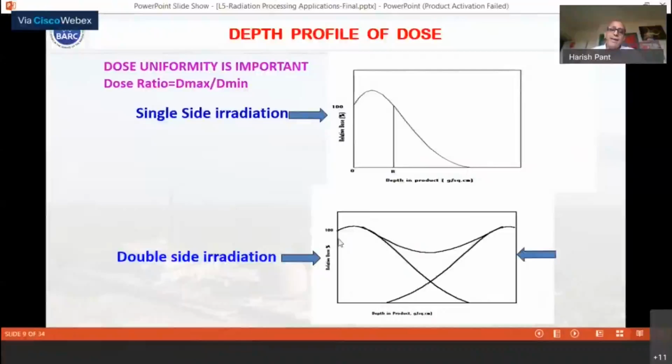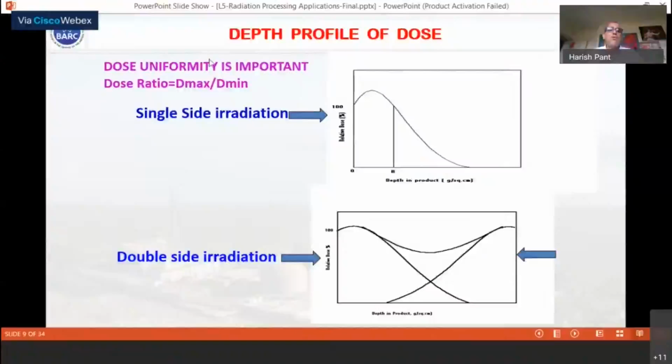So if we irradiate the material from one side, this is the dose profile. But if we irradiate the material from the other side, the dose profile will be like this. And if you see, the combined dose distribution will be like this. So you get almost the uniform dose distribution across the thickness of the material.